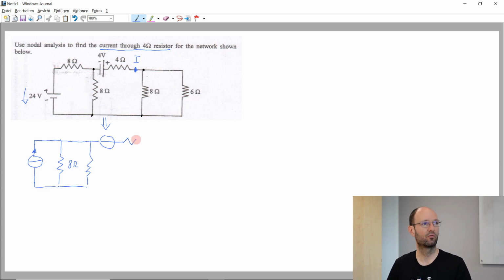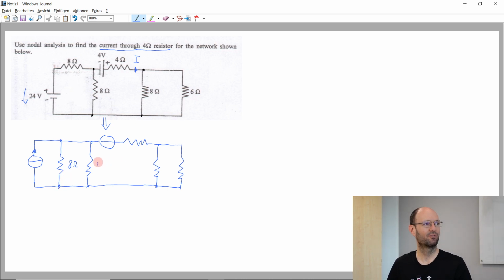Then we have the 4 ohm resistor, and then the other 2 resistors, and we could simplify them with a parallel circuit, but I would just leave them as they are. I see that I'm much better and quicker at drawing the German or European resistor symbols. These, to be honest, look a bit ugly, but okay.